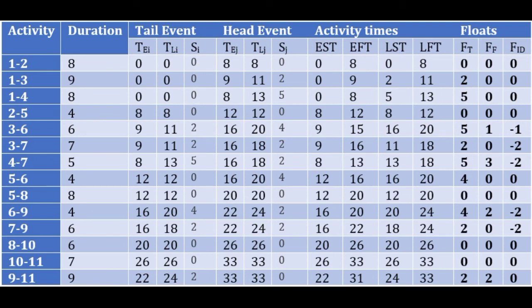This is the complete solution of that question, so please refer to this after completing it by yourself. In some textbooks they have not included tail event values and head event values in the table. They have just taken the activity times and floats from the network itself. It can be done, but I personally think it will be easier for many people if we express it like this. If we have SJ and SI in the table itself, we can just subtract from TF to get the other floats. Okay, so I hope this was helpful.